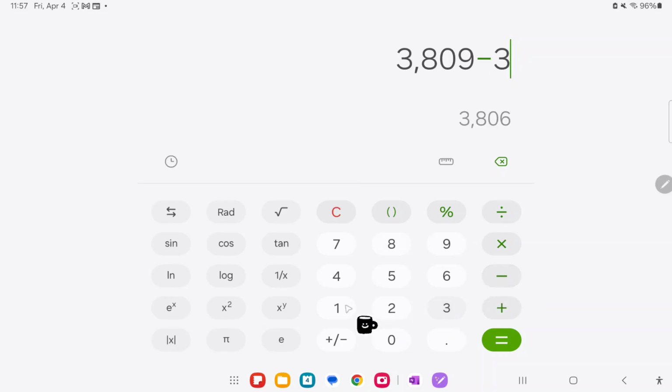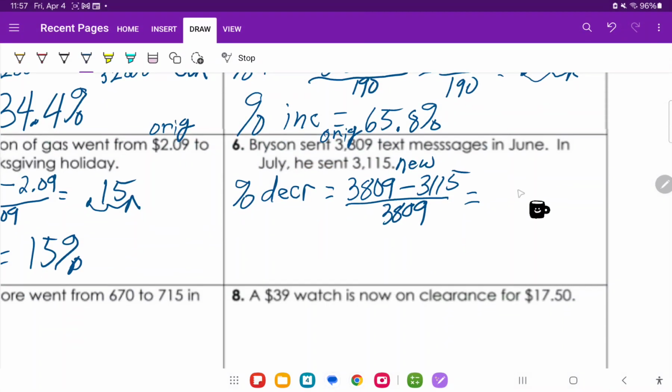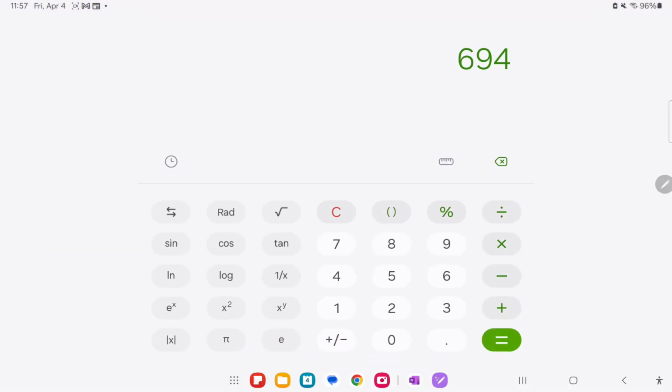So that's going to be 694. And then we have our 3809. All right, so 694 divided by 3809.